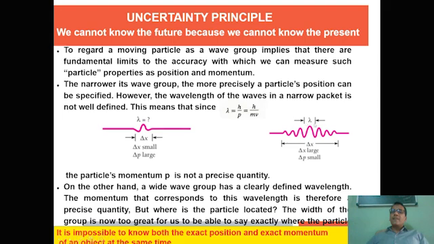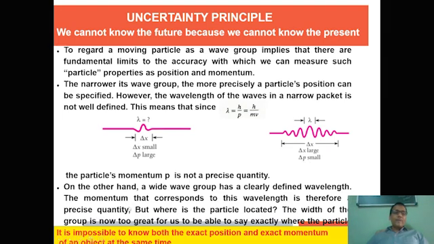But in the second case, the wavelength is defined well, because we have a broad wave having a definite wavelength. If this wavelength is precisely calculated, then obviously p is accurately calculated, and here we cannot say the exact position of the particle. So delta x, the error or uncertainty in its position, is large, and delta p is small.